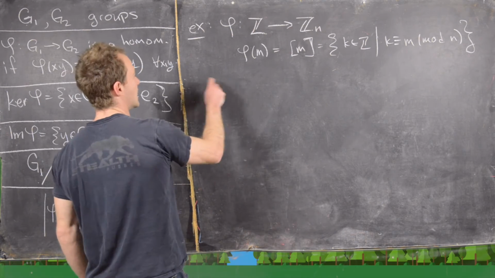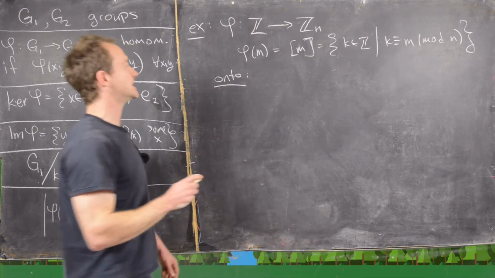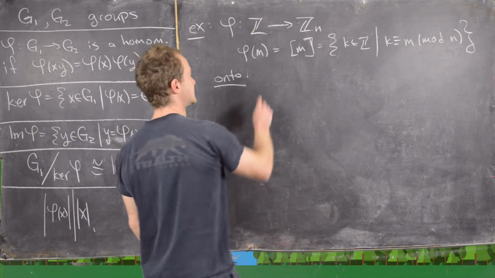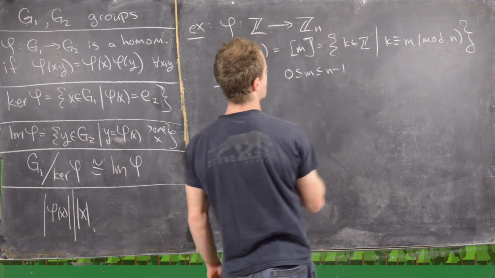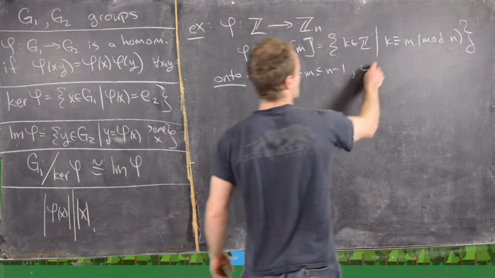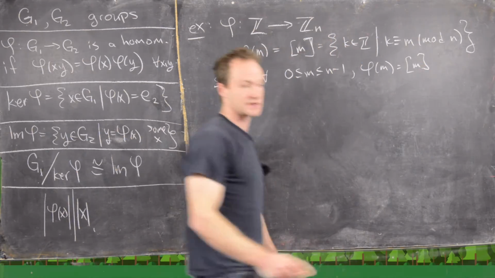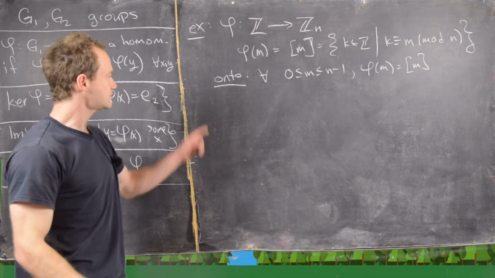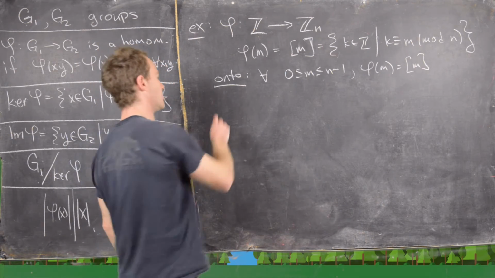Okay, so notice that this is onto, and that's really easy to see because for all m between 0 and n minus 1, we have phi of m equals this equivalence class, so we hit everything. It's also really easy to check that it's a homomorphism.